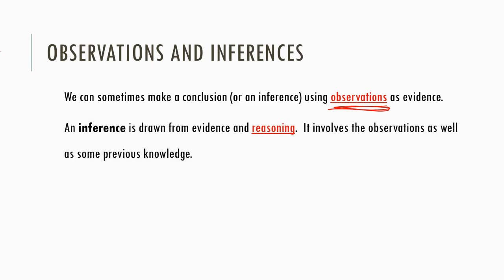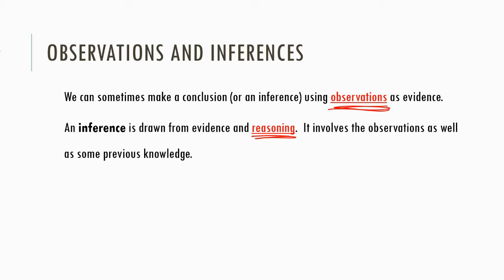With this, an inference overall is drawn from evidence and reasoning, meaning you can't make an observation like the sky is blue and then all of a sudden decide that because the sky is blue, the grass is green. That doesn't work. You need these things to tie together in some way.